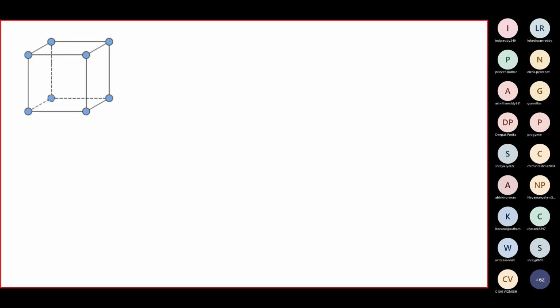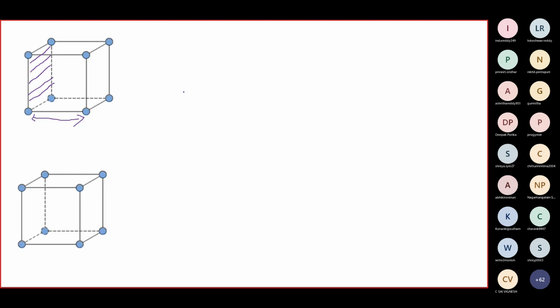Similarly here, let's say we have this plane. Just go on repeating this plane at this particular interval. What do you get? The same crystal structure. So here, let's take this plane.